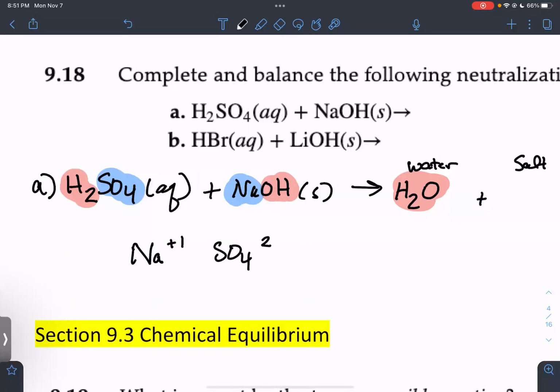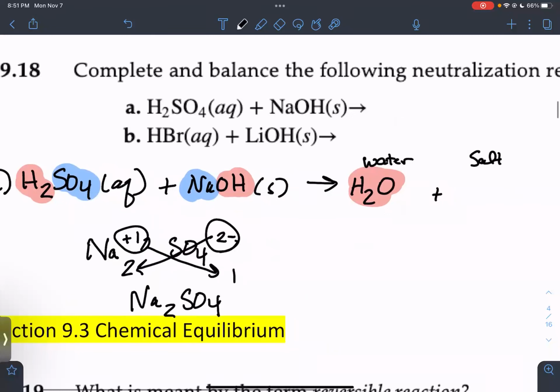It should be a 2 minus, or -2. So if I cross them over, I'm going to get a 2 there and a 1 there. So I would get Na2SO4. That's what I'm going to put over here for my salt. Na2SO4 aqueous. We'll highlight that in blue because those are my blue things that got together.